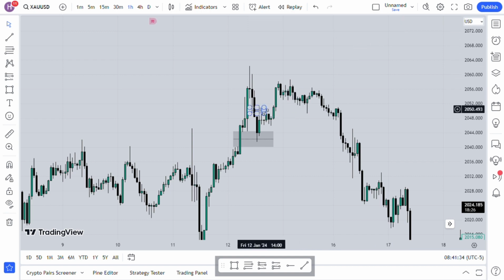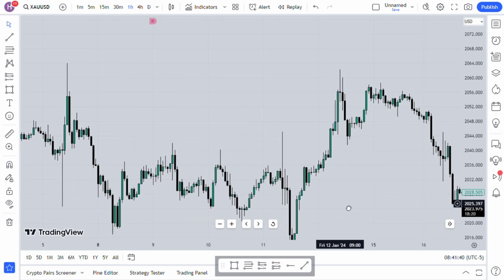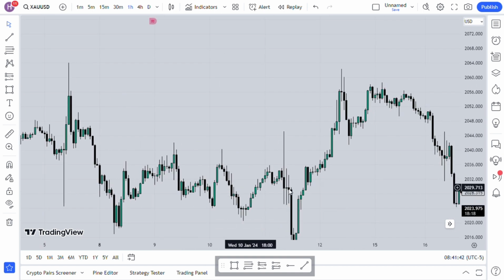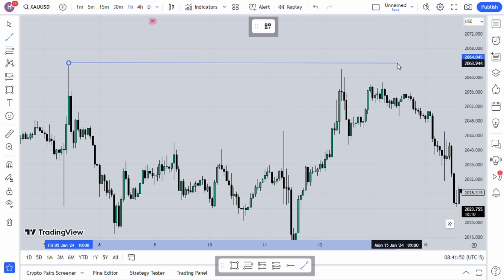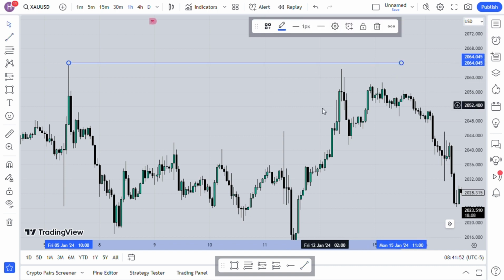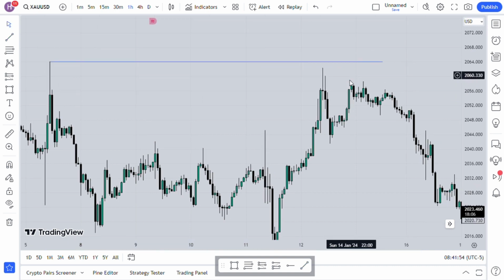So first, we will see the market structure, what the market did previously before this movement here. You will notice that the market took out this high, failed to take out this high here with some points, then started going down.